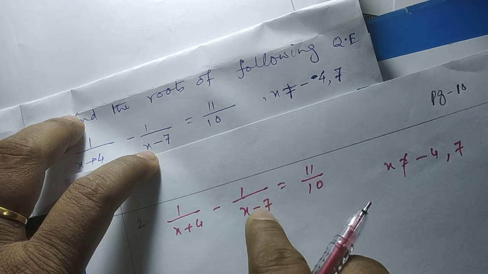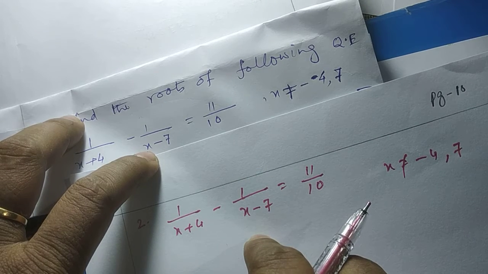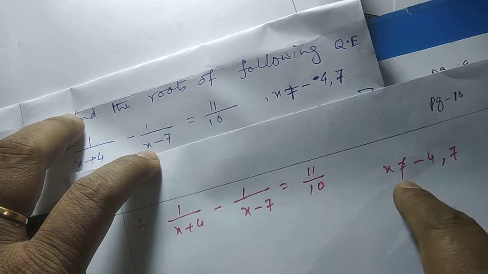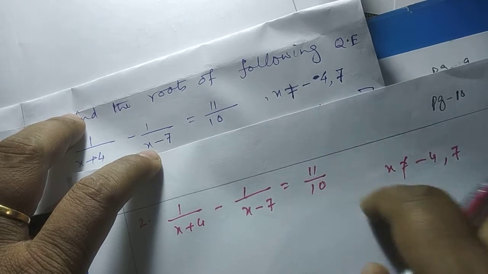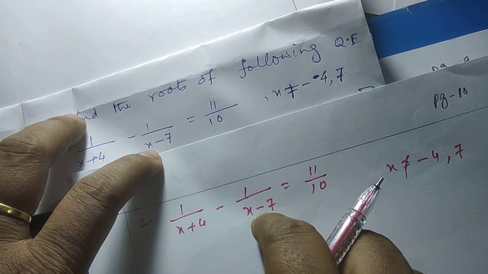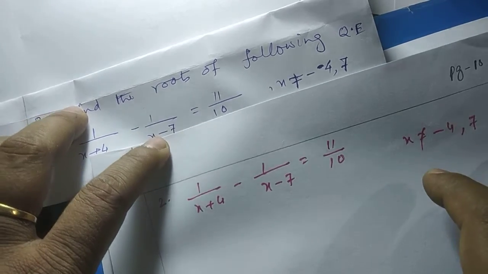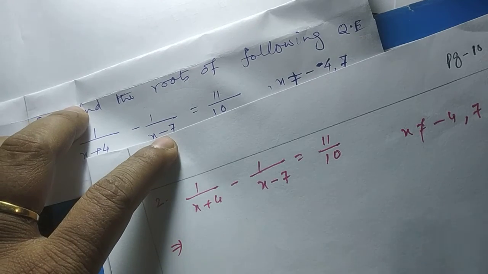Similarly, if I put x equal to 7, it will become 1 by 0, undefined. That's why we have to avoid it. Understood? We cannot take x equal to minus 4 and x equal to 7, because for them the equation will be undefined. That is the extra thing to be understood.